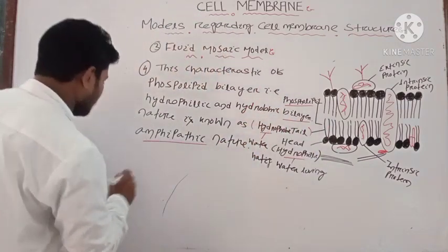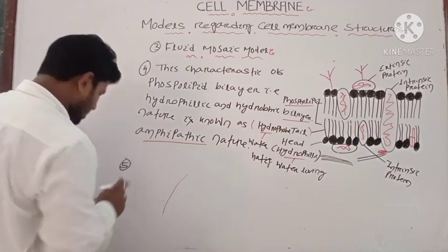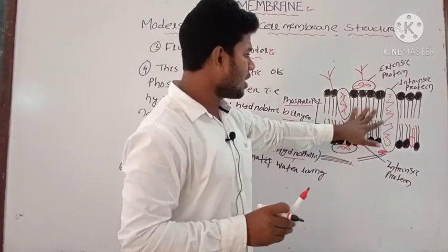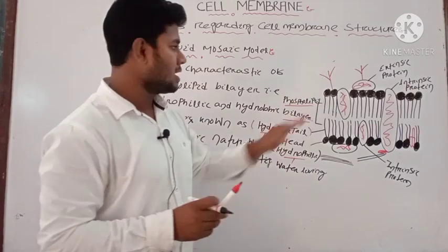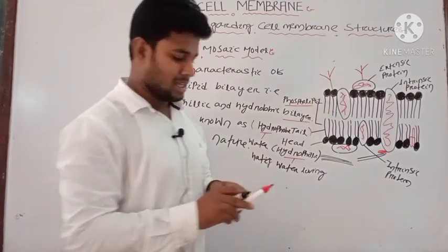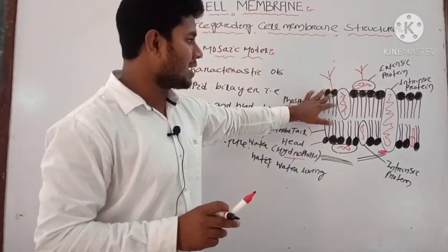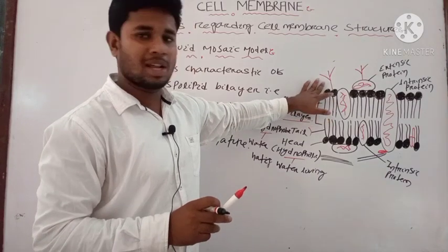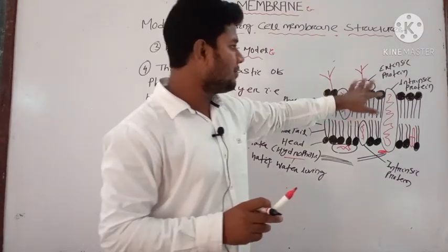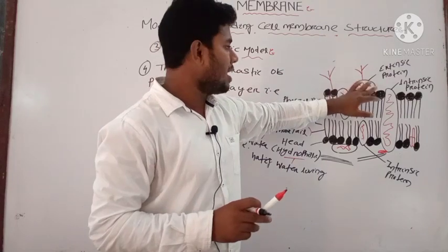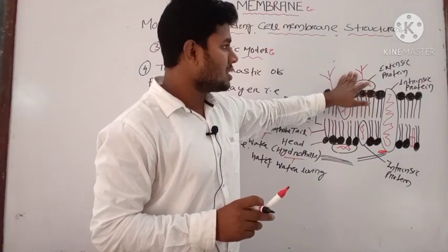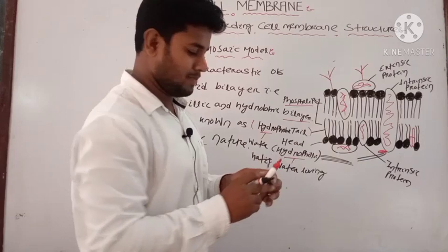The next one is your, this phospholipid bilayer also having some carbohydrates or sugars which are attached to the surface. If the carbohydrate portion is attached to the phospholipid, it is known as your glycolipid, and if that carbohydrate or sugar is attached to the protein structure, then this is known as your glycoprotein.